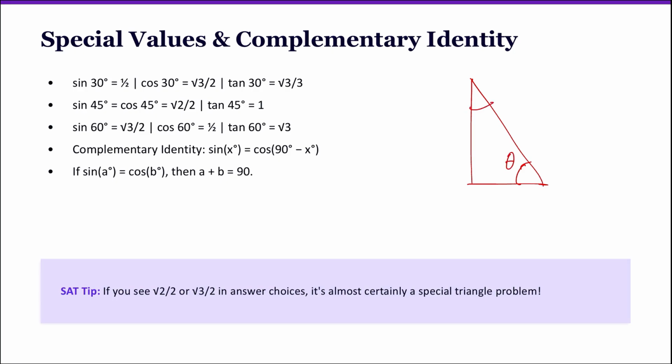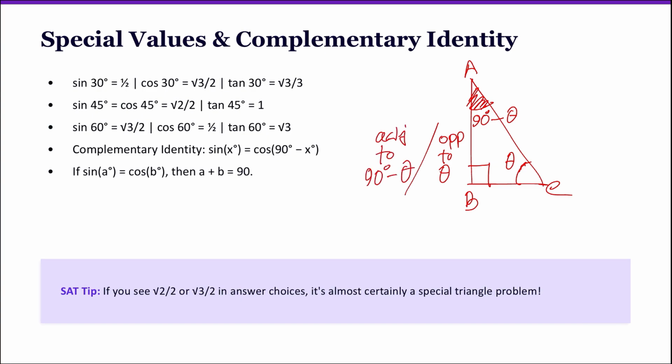That is, if this is theta and this is beta or 90 minus theta, then for this theta, the opposite side is AB, but relative to this other angle, this 90 minus theta, this side is actually adjacent. So this AB is opposite to theta, but it's adjacent to 90 minus theta.